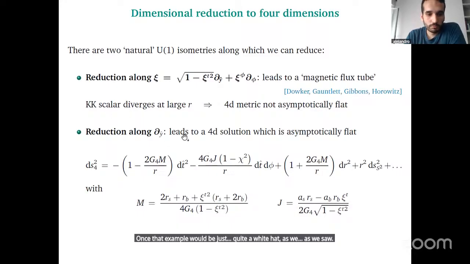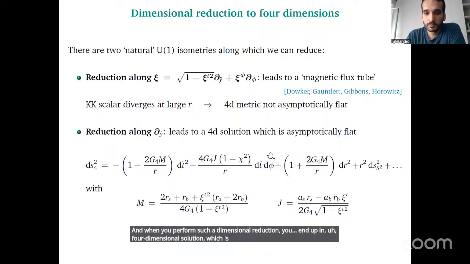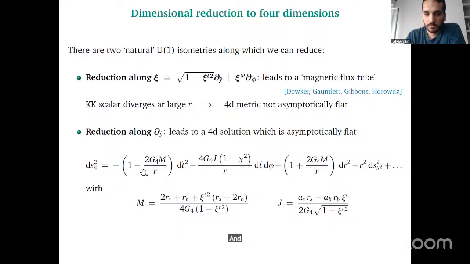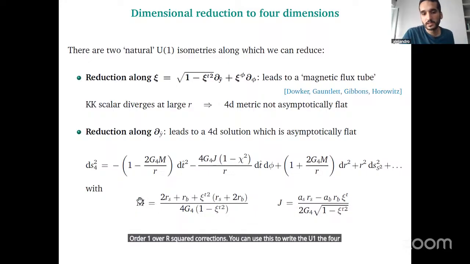And when you perform such a dimensional reduction, you end up in a 4-dimensional solution, which is asymptotically flat, and which furthermore has the same asymptotics as Kerr up to order 1/r squared corrections. You can use this to read the U1, the 4-dimensional mass and angular momentum.